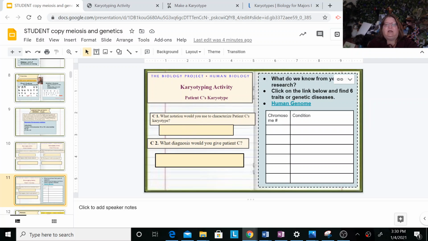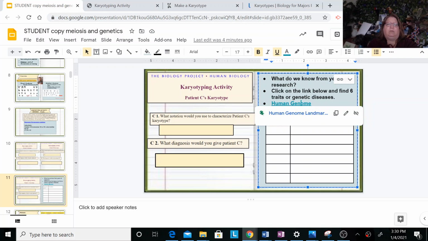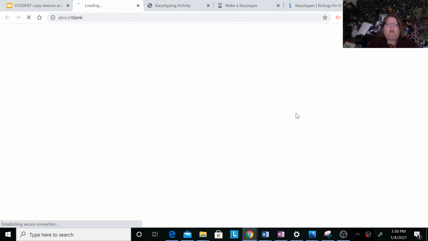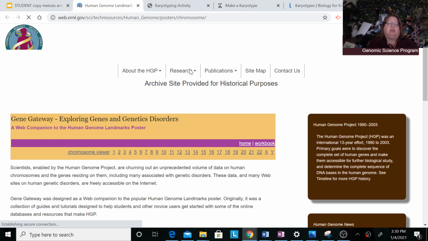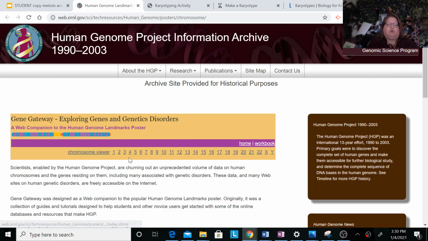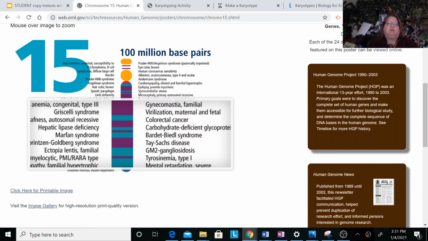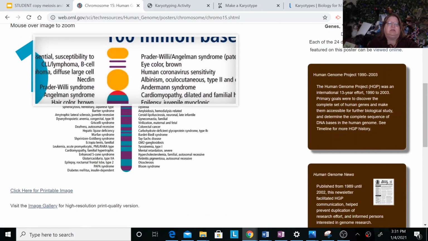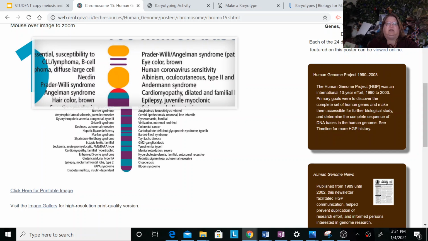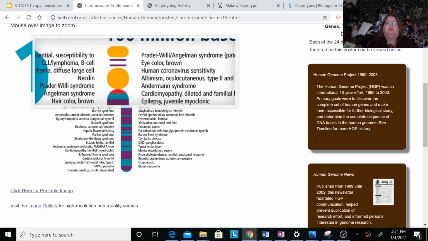And then the last part is just to look at some chromosome genetic diseases that we already know about. So on this website, just pick one of the chromosomes here. For instance, chromosome 15. I'm just going to pick one that seems interesting. Here's one of the genes for eye color on chromosome 15.